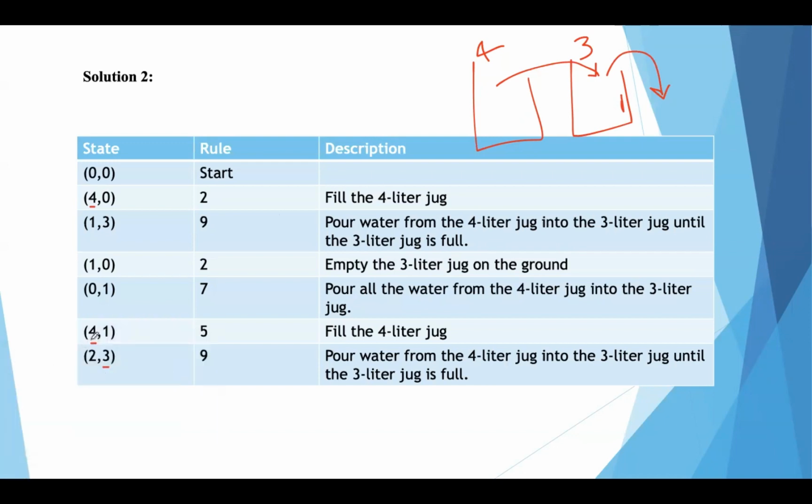So if you fill this 4-liter jug completely, now this 4-liter jug is having 4 liters of water, and our task is we should get 2 comma 3 as a final state. So you need to pour 2 liters of water from 4-liter jug, so that you'll get 2 here, and this is having 1 liter. So if you add 2 liters to it, you'll get 2 comma 3. So that's your final state.